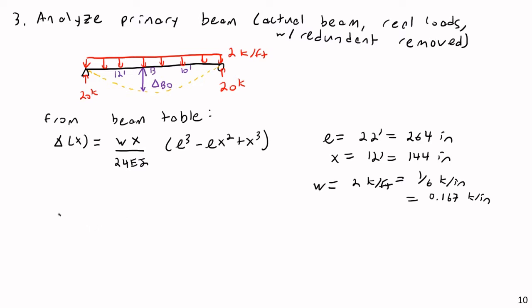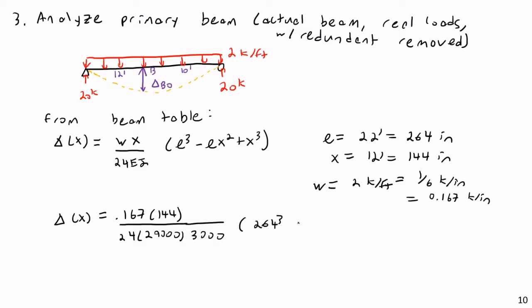So plugging this in, delta x equals 0.167 times 144 for our x, divided by 24 times our modulus of elasticity of 29,000 ksi times our moment of inertia of 300 inches to the 4th power, times L, which is 264 to the 3rd power, minus 2 times 264, the length again, times x, where we want the deflection, 144 quantity squared, plus 144 to the 3rd power.